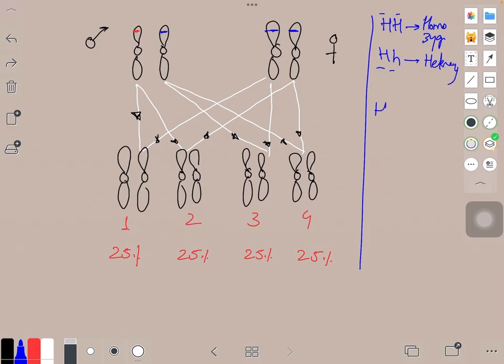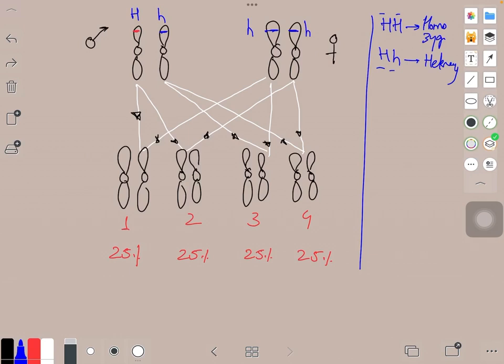Instead of H you can see T, G, whatever. It doesn't matter at all. So in this case, let's say he has the disease and others do not. This is a kind of demonstration.